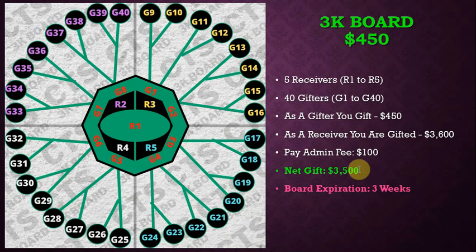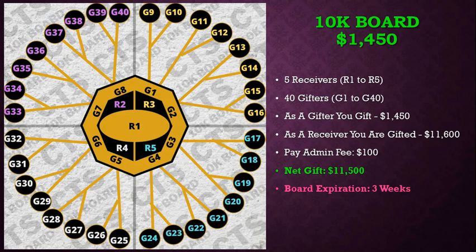Okay, so 3K board, you have $3,500 in hand. After the 3K, there's a 10K. And the 10K board, it's the same size as a 3K board, where you have 5 core members, 5 receivers, and you have 40 gifters.